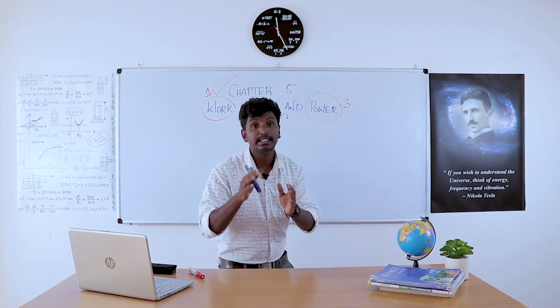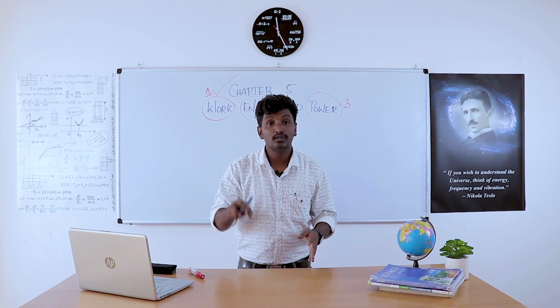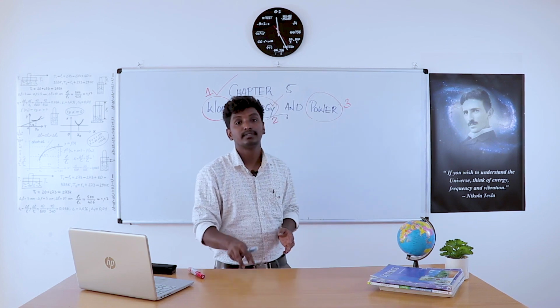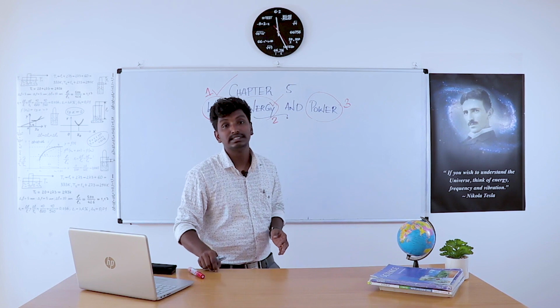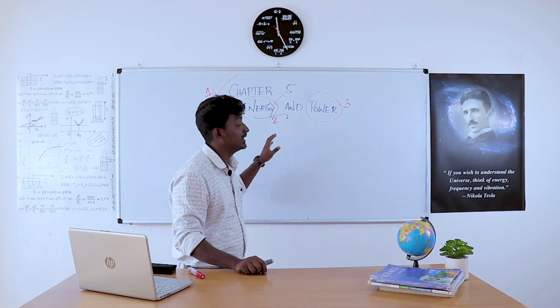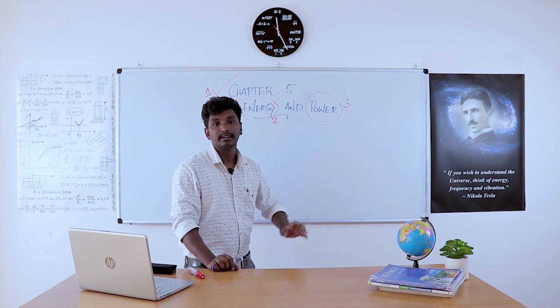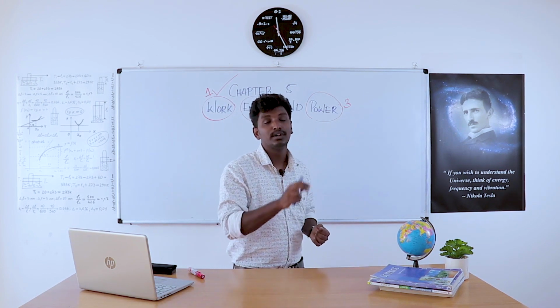Kilowatt means 1000 watts and 1 hour is 3600 seconds. In the same way we calculate the electricity bill from the meter placed in our home. That's the commercial unit.